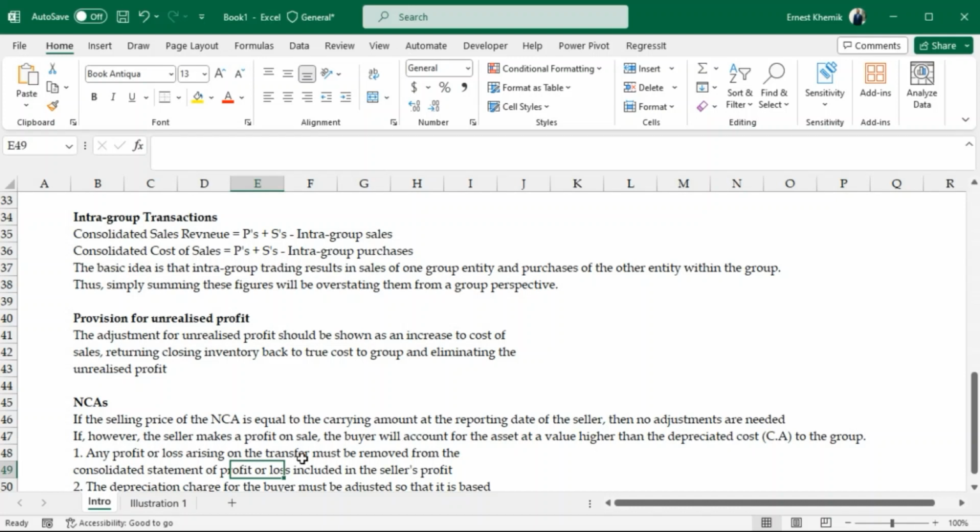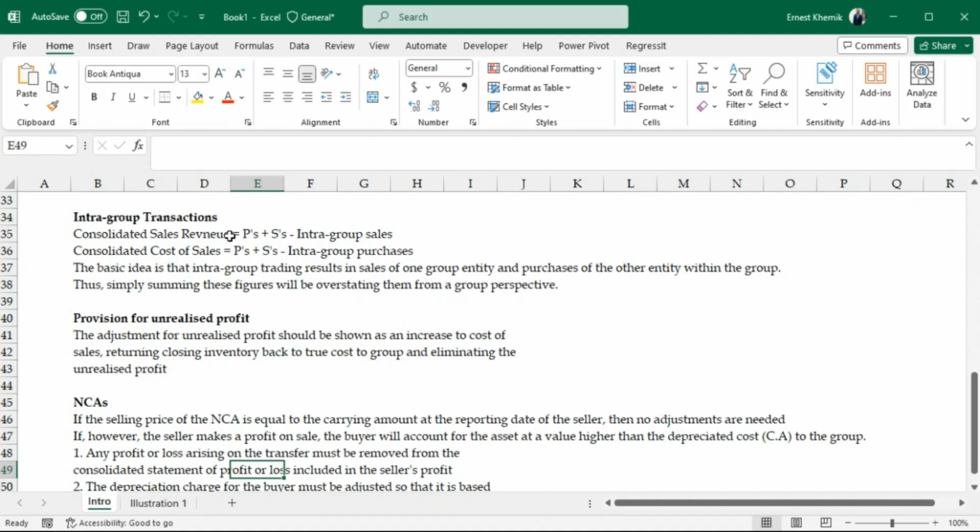So in the consolidated statement of profit or loss, after adding the revenue figures of the two entities, we are going to subtract any sales that occurred between the two entities.